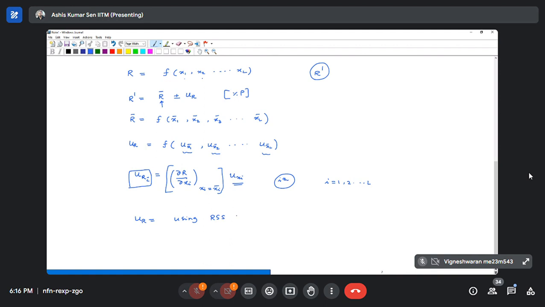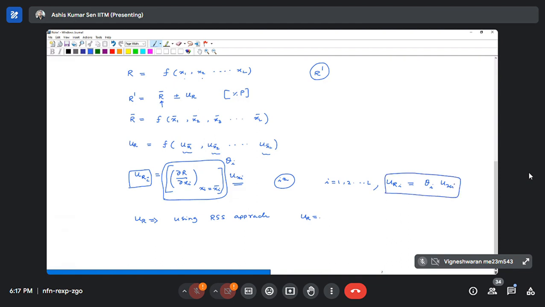RSS stands for root sum square approach, where we say that UR, let's call this term theta subscript i. Okay, so basically URi will be equal to the slope, which is theta subscript i, into Uxi.